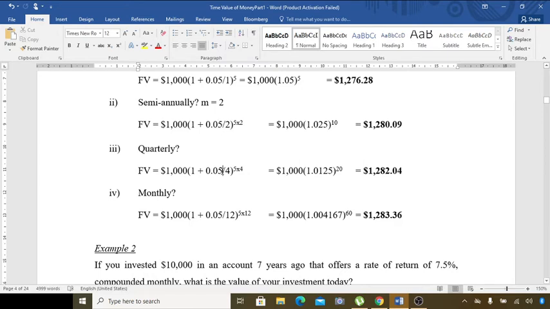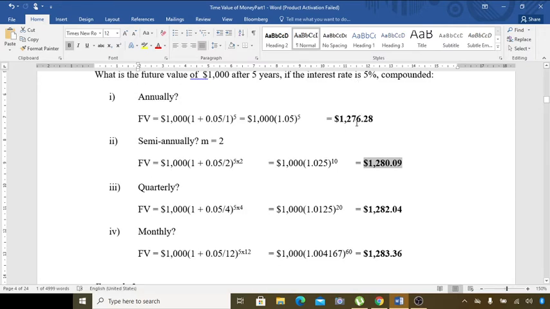But if it becomes more complicated later, you need to calculate inside the bracket first, plus 1, then only you raise it to the power of n outside. So in this case, it becomes 1000 times 1.025 to the power of 10, and it becomes 1280.09. Notice that it increases a little bit compared to the annual compounding earlier in number 1.